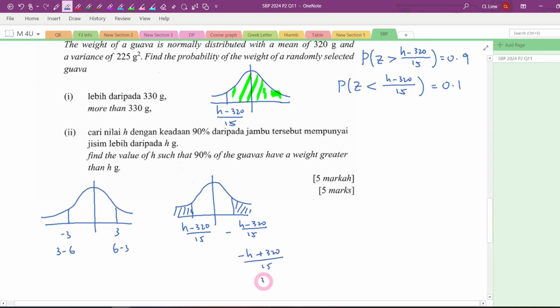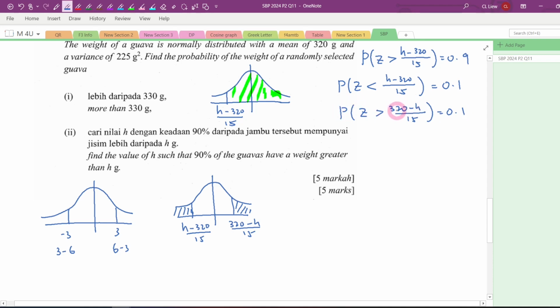Which is actually equal to 320 minus h divided by 15. It's the same thing, right? Okay, so I'm going to write 320 minus h divided by 15. Now, here I'm going to change it, become the probability that z is greater than 320 minus h divided by 15 is equal to 0.1.